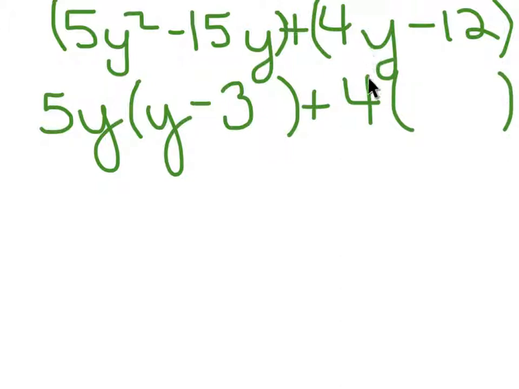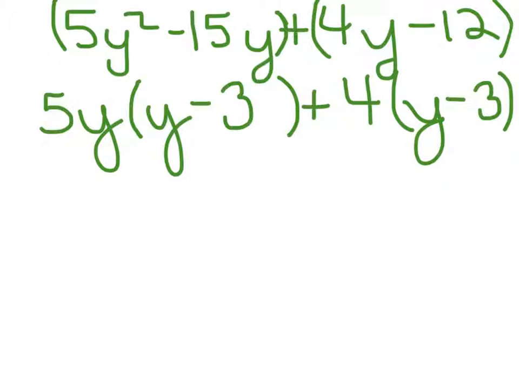So 4y divided by 4 is just y. Keep your minus sign from right here. And 12 divided by 4 is 3. That's the 3 that I was trying to write earlier.